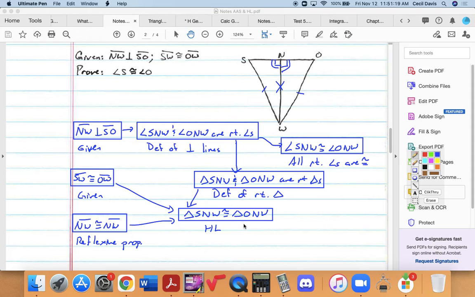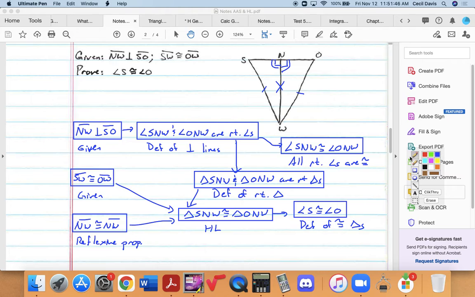Once we prove those 2 triangles congruent, notice S and O are corresponding parts, so they will be congruent. Angle S is congruent to angle O by the definition of congruent triangles. Keep doing that.